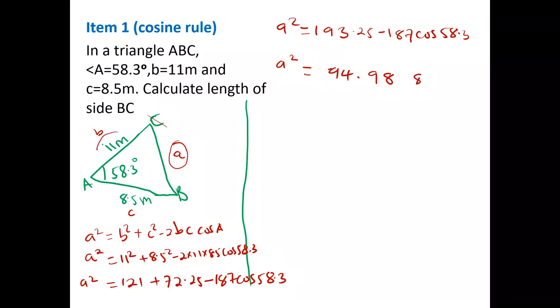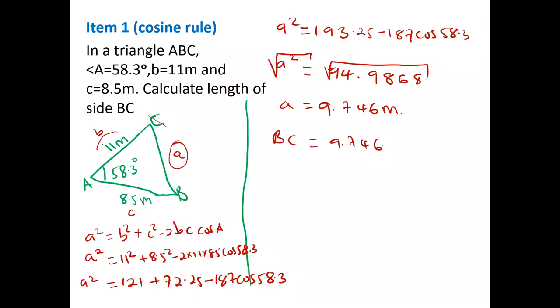Now to find the value of A, it's better to introduce the square root symbol on both sides. So here we shall have A is equal to 9.746 meters. But our A is side BC, so I shall say BC is equal to 9.746 meters.